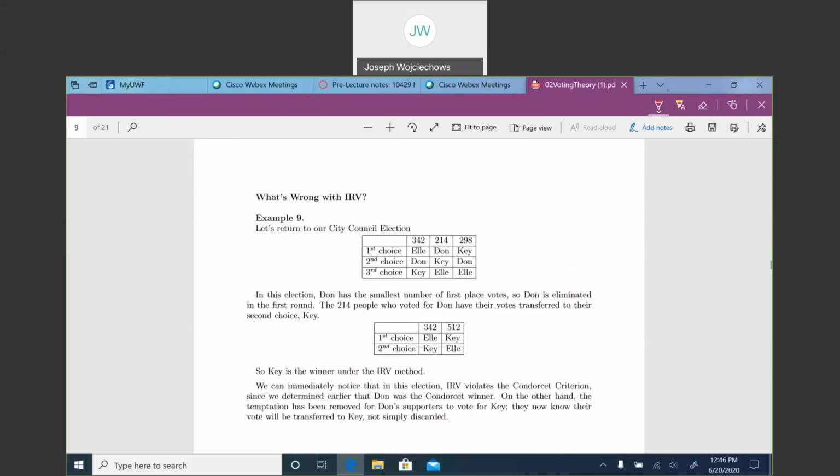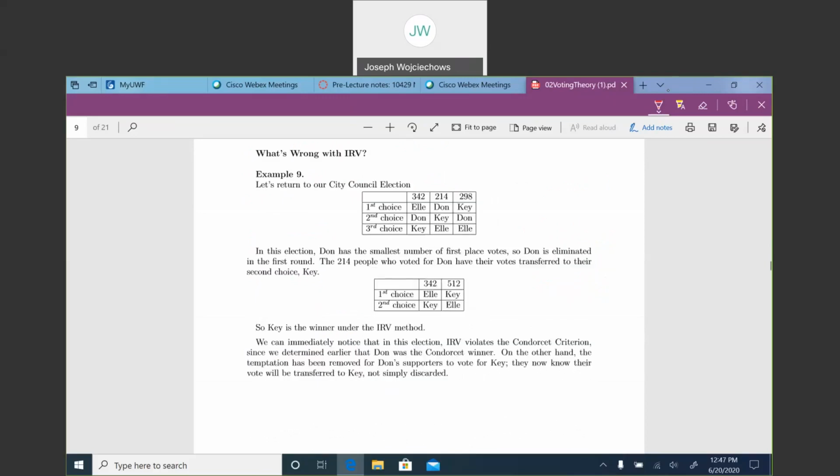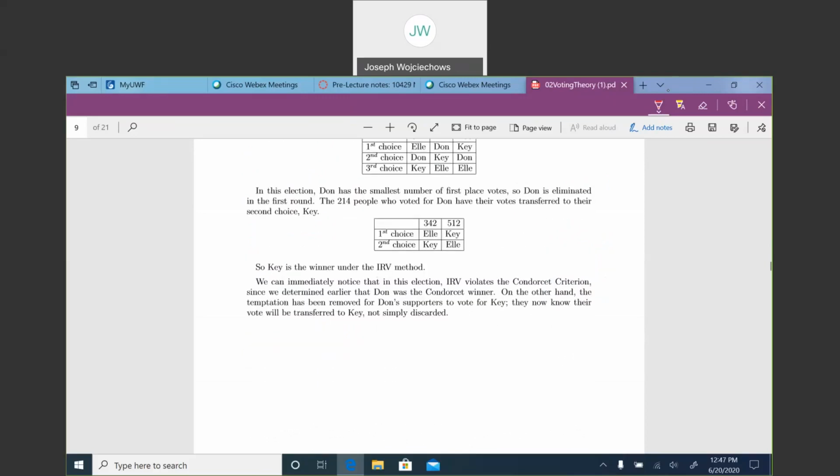So what's wrong with IRV? Let's go back to our city council election. In this election, Don has the smallest number of first place votes, so Don is eliminated in the first round. The 214 people who voted for Don have their votes transferred to their second choice, Key.